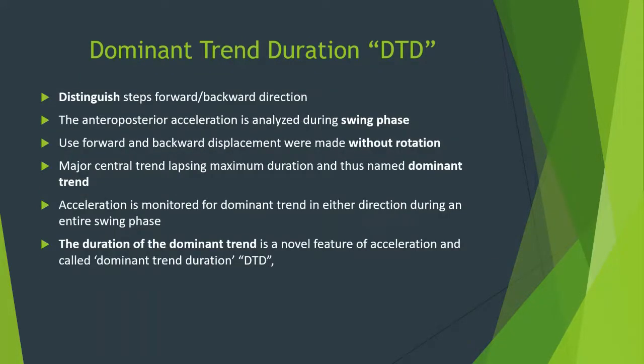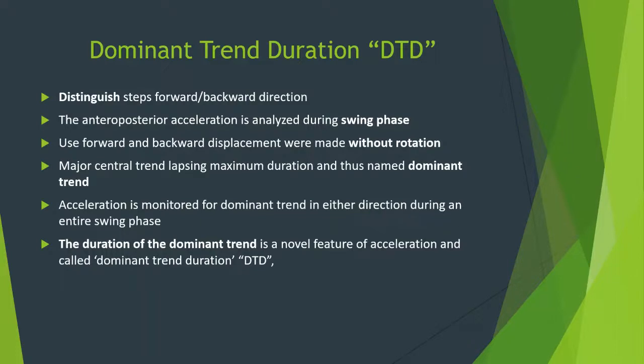So for the concept of dominant trend duration, it distinguishes step forward and backward direction. The anterior-posterior acceleration is analyzed during the swing phase. Forward and backward displacements were made without rotation.